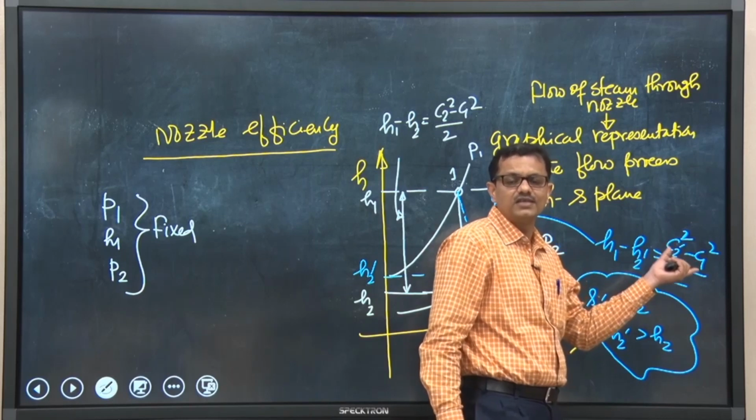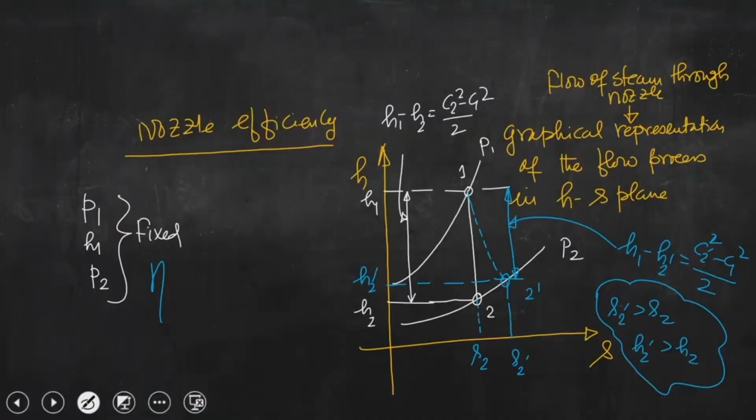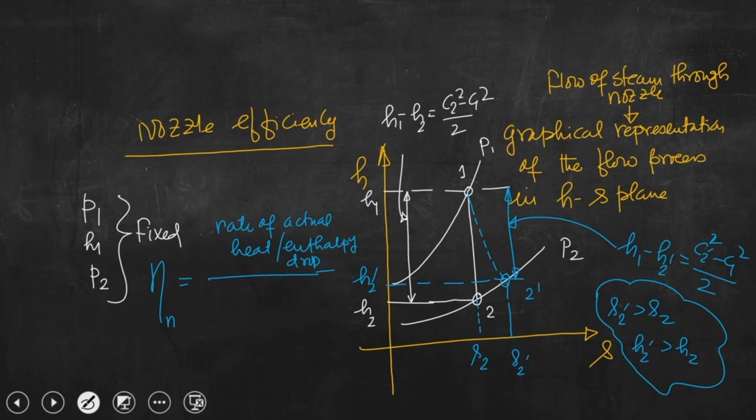So, the velocity of steam at the exit of the nozzle is less, and hence the nozzle efficiency, eta nozzle, is defined as the ratio of the actual heat drop or enthalpy drop to that due to isentropic process.